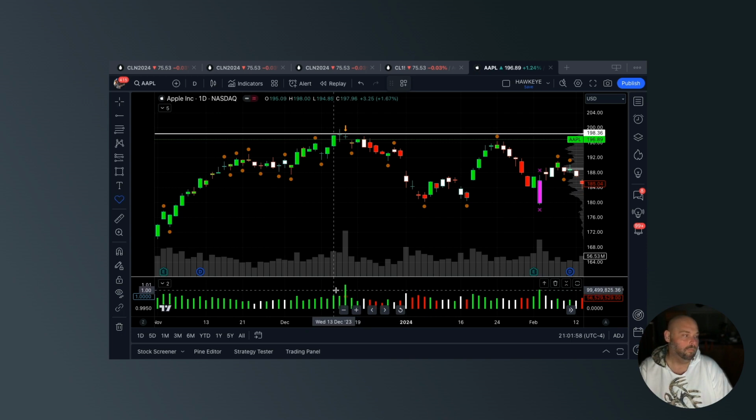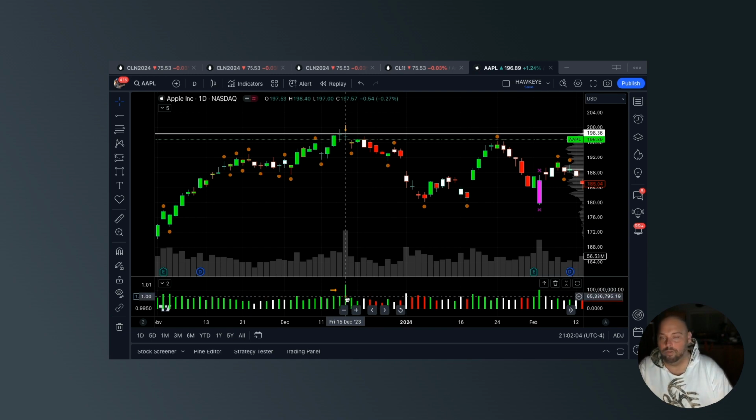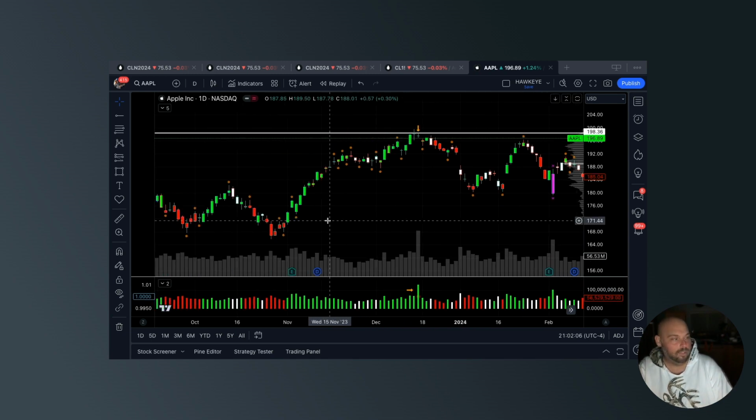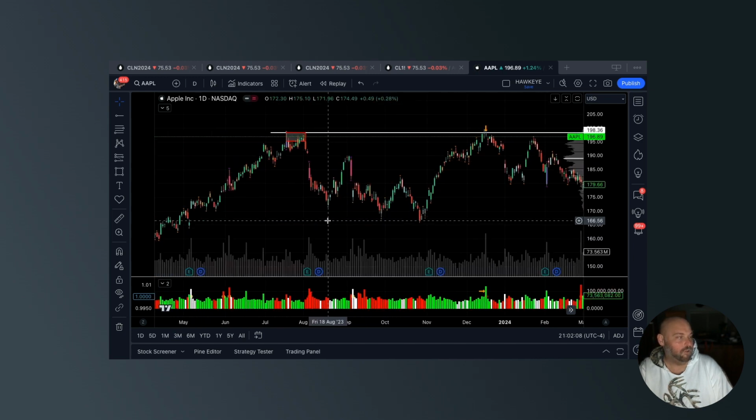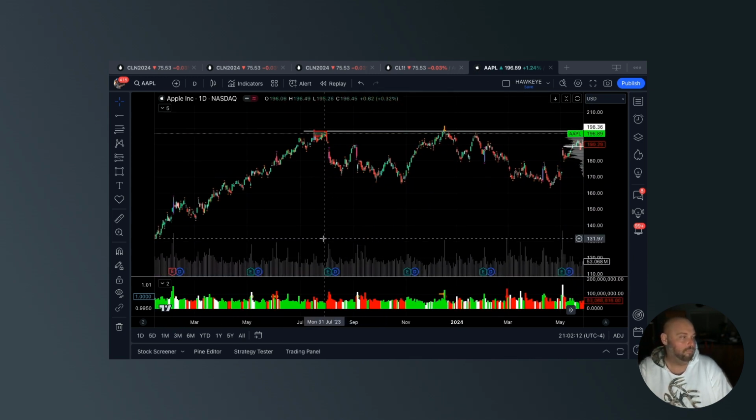Look at the volume. Notice the ultra high volume radar dot. Let me zoom out for you, just to put that volume in perspective. There's one other occurrence prior to that.